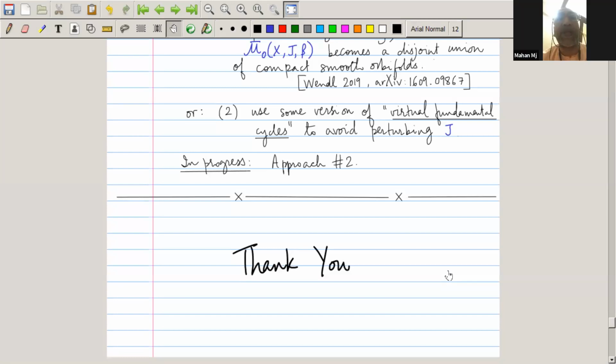I don't know whether you can actually look at the part of the moduli space which corresponds to a particular combinatorics dictated by a tree. Can you say that this whole big moduli space is actually covered by charts which correspond to trees of a particular kind?